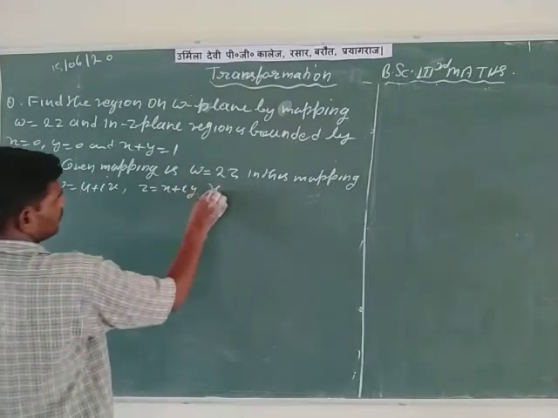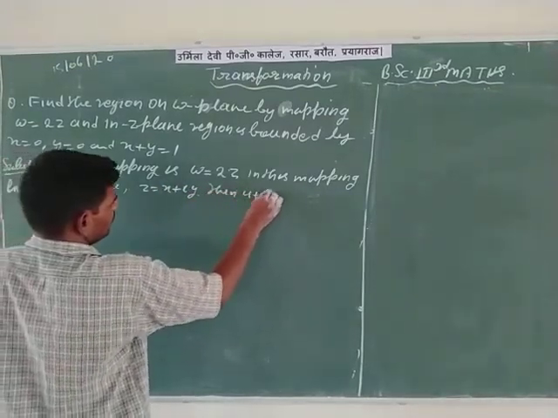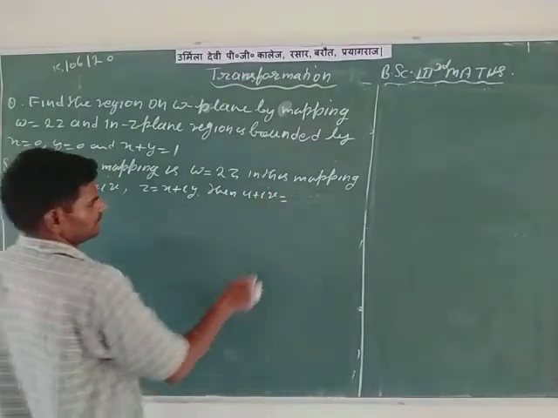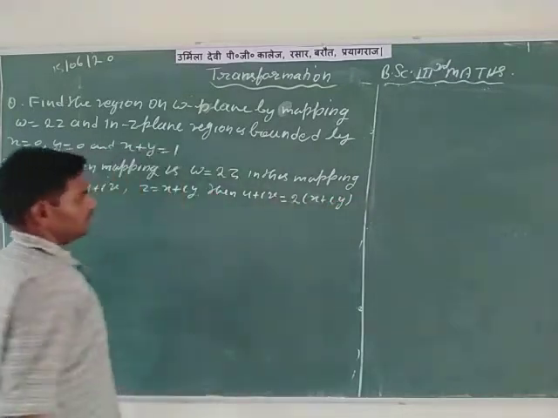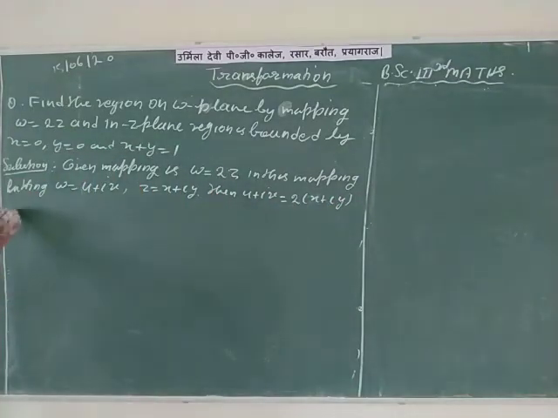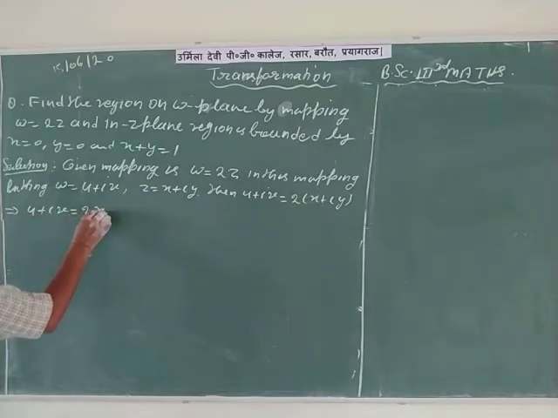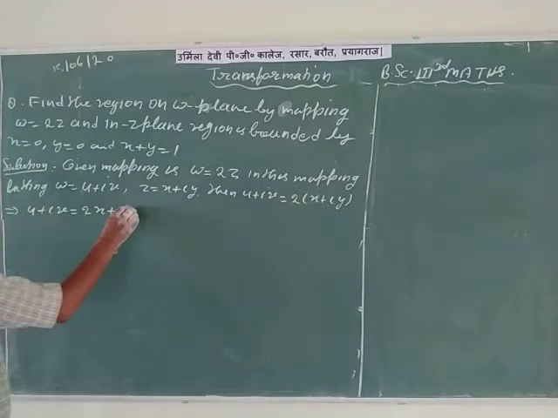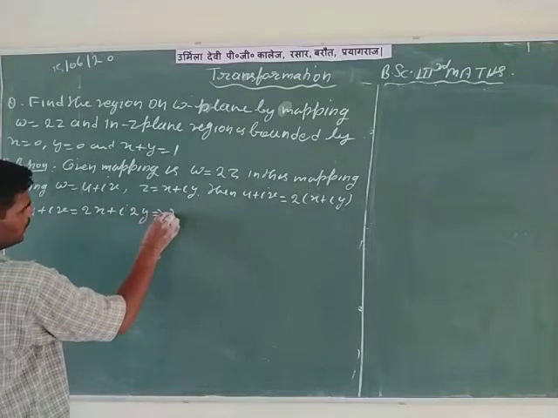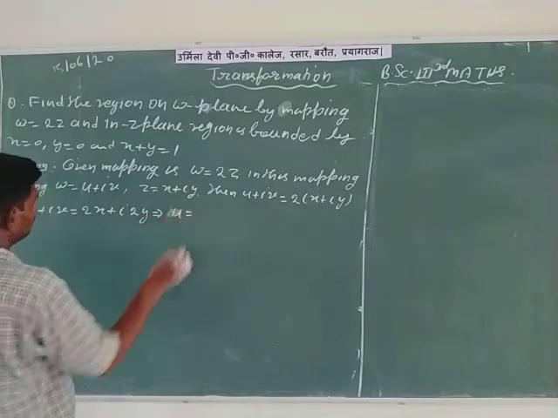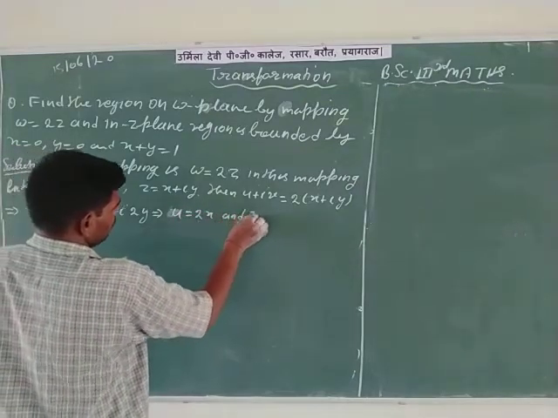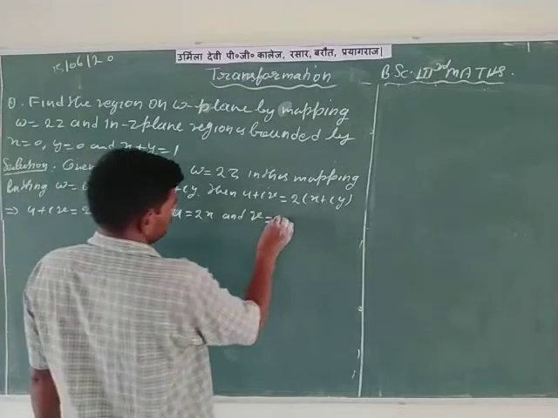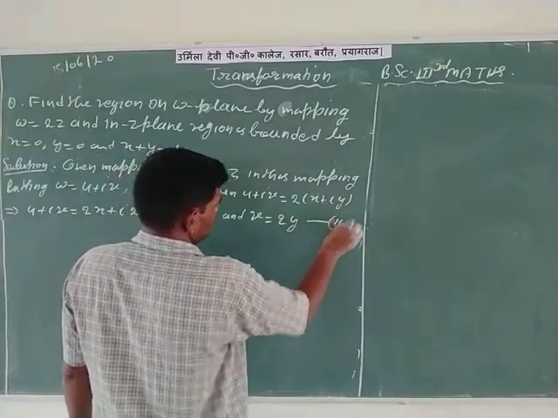Then U plus IV is equal to 2 times (X plus IY). After simplification, U plus IV is equal to 2X plus I times 2Y. It implies that U is equal to 2X and V is equal to 2Y, represented by equation second.